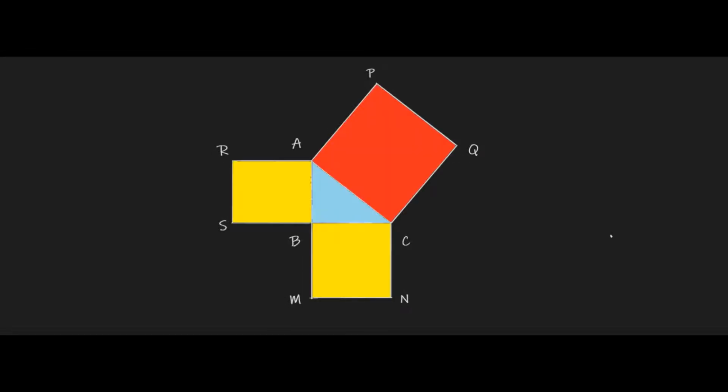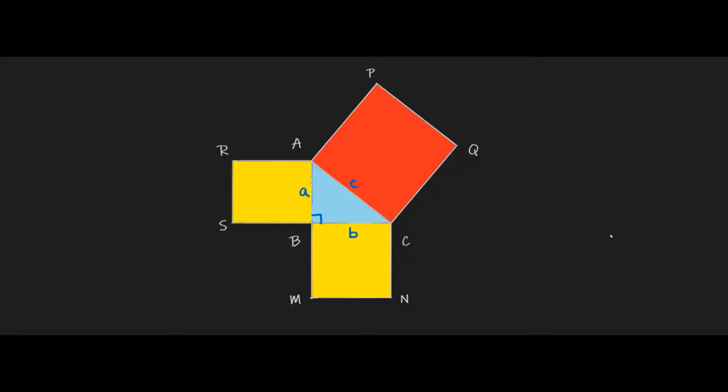So with some colors on, the diagram now becomes a little better to understand. So we have the original right-angled triangle, ABC. Let's assume the hypotenuse is length C, AB is length A, and BC is length B.